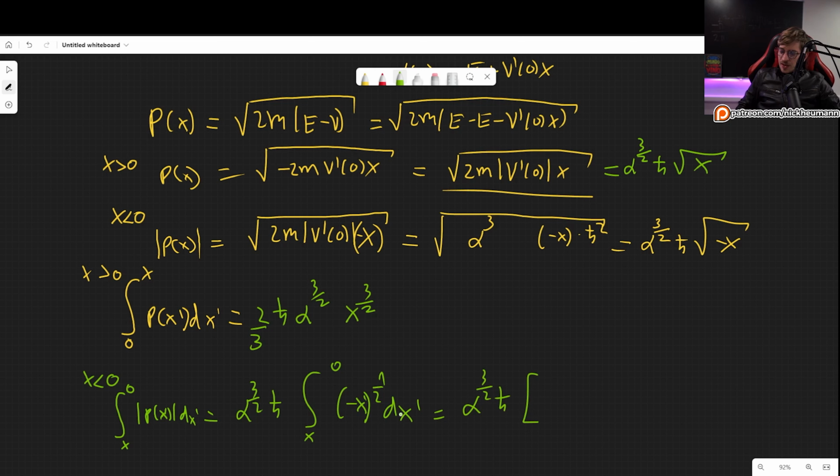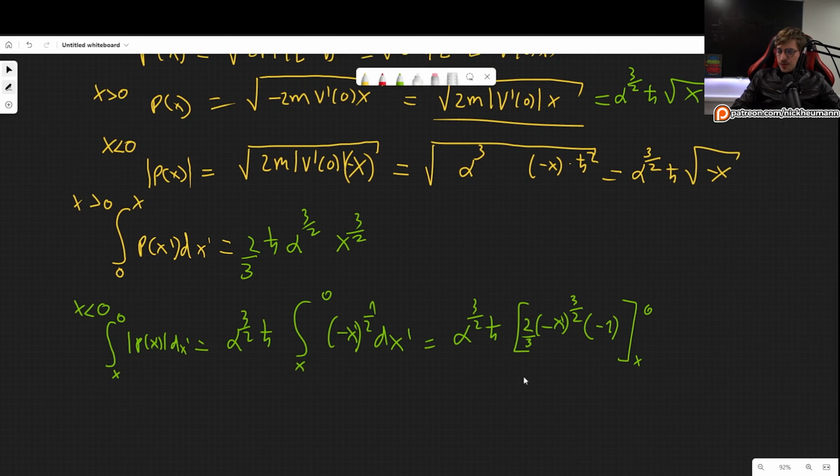And this integral will become minus x to the, sorry, not 1/2, but rather we have to get 2/3, because this now becomes 3/2. And then we multiply by the derivative of what is inside, which is -1. And we have to evaluate this between x and 0.